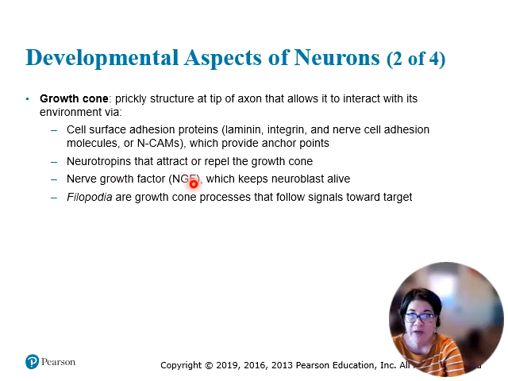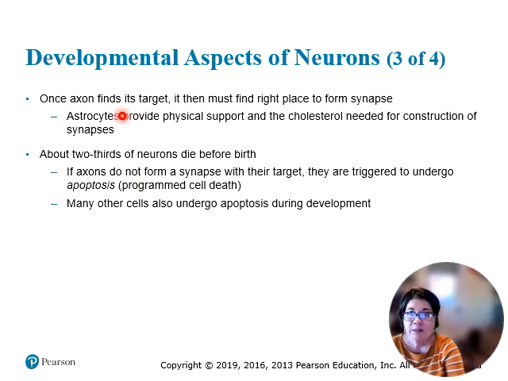You have nerve growth factor that keeps those cells alive and allows it to grow out. And then the axon is going to grow till it finds its target and forms a synapse between it and another neuron. Remember those glial cells that help support? Here's one of those. The astrocyte is going to provide support so that these neurons can grow, right?